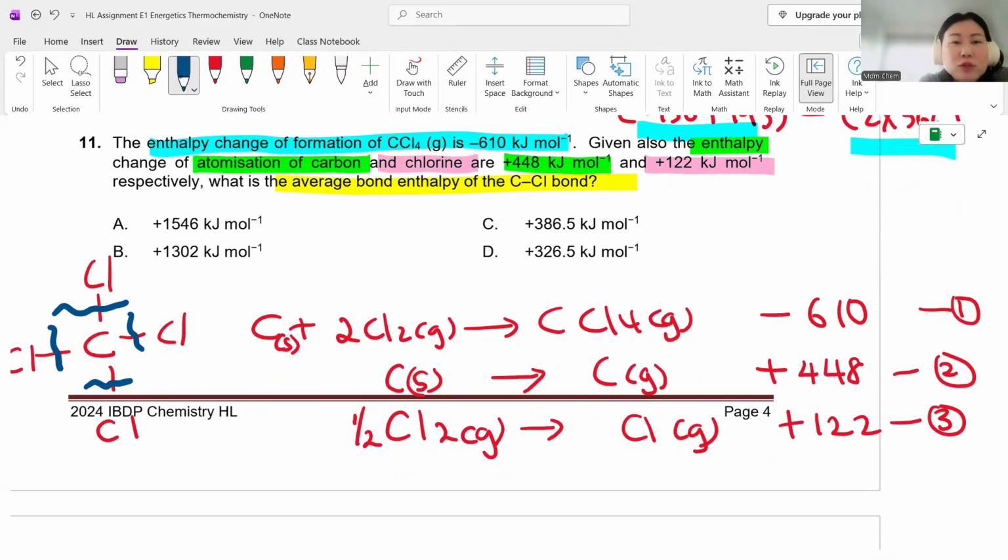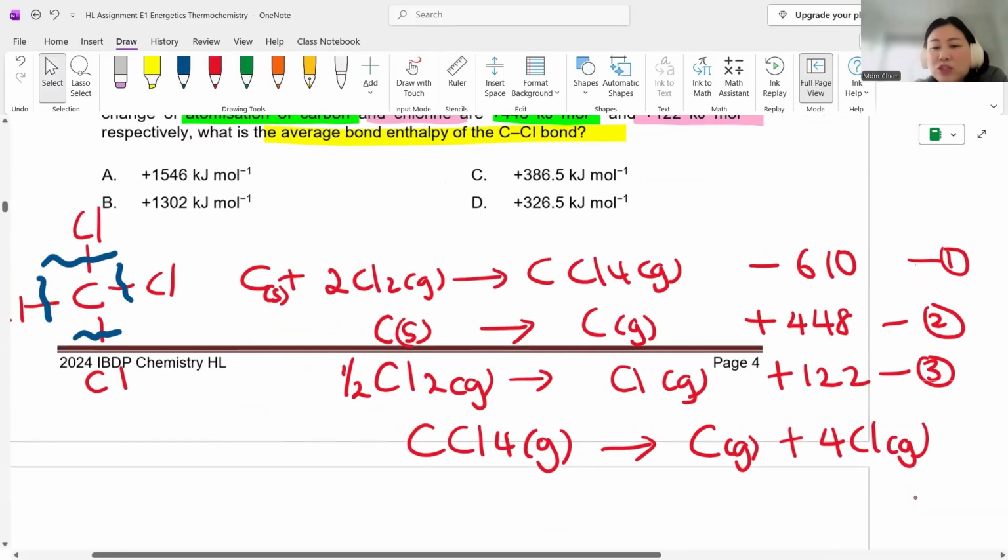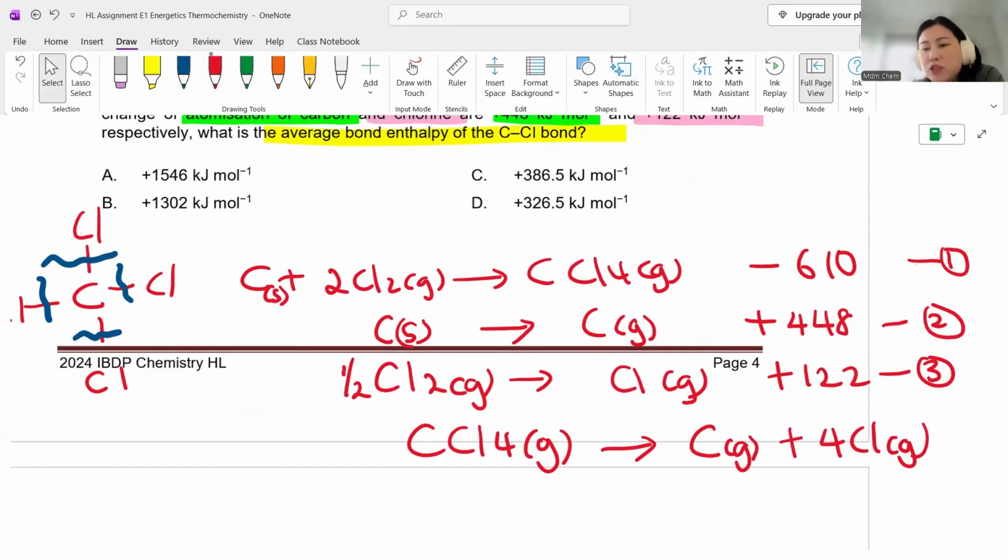So I'm just going to write it based on the 4 bonds first to let you see. CCl4 gas, based on definition, must be gases. Then you break, and then you get atoms: C gas atom plus 4Cl gas atoms, right? But that is not atomization. That is not the bond energy of a C-Cl bond. That is the bond energy of 4 C-Cl bonds, because I break 4 bonds to get to here.